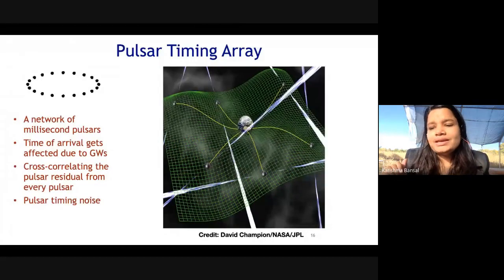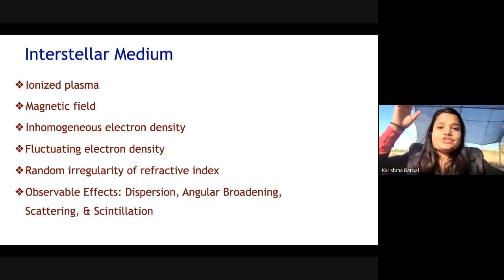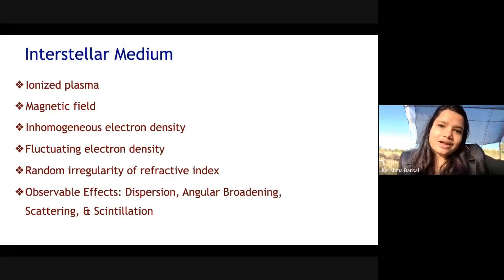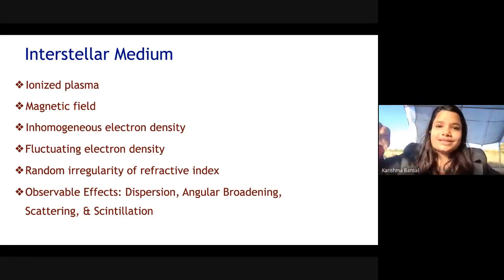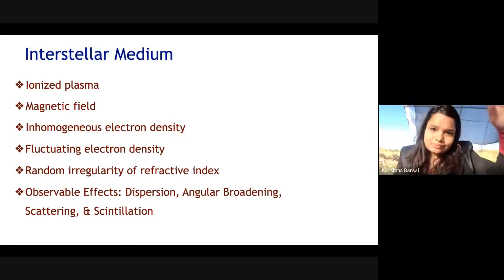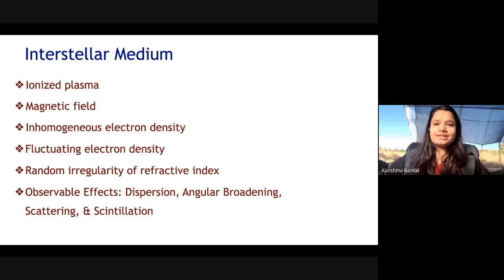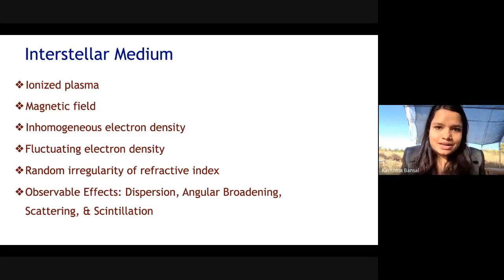The reason is that we have this very interesting medium between these pulsars and us, and we call this the interstellar medium. The interstellar medium is the medium between all the stars. Actually, it's anything beyond the solar system, and whatever is between the stars, that's what the interstellar medium is.